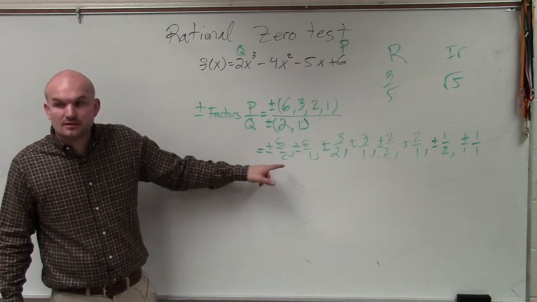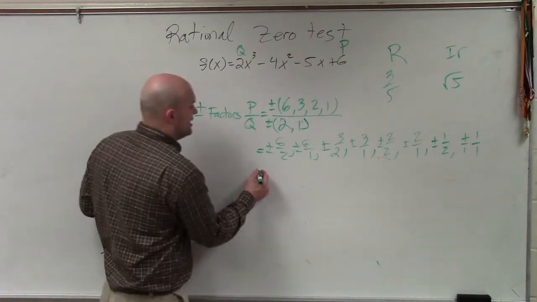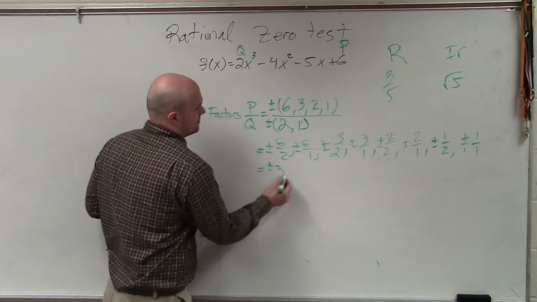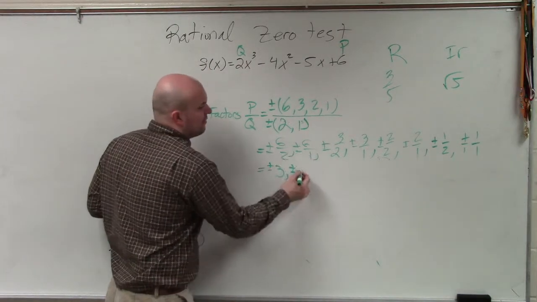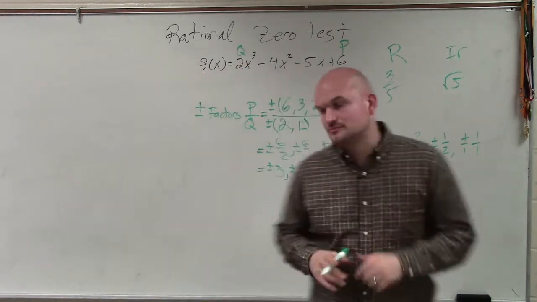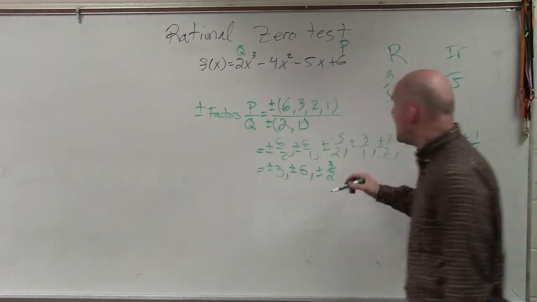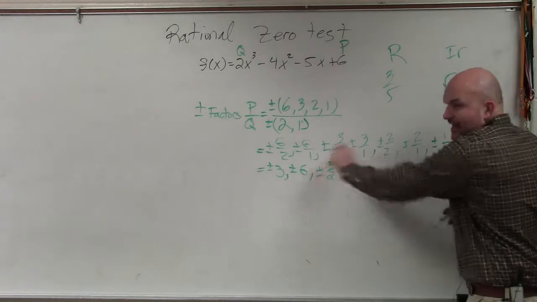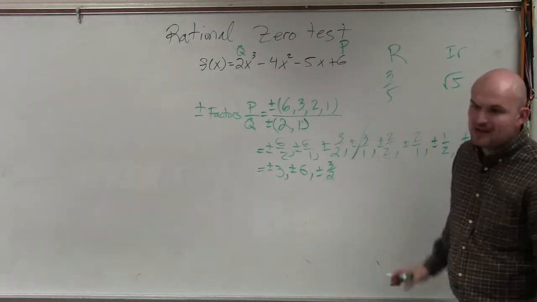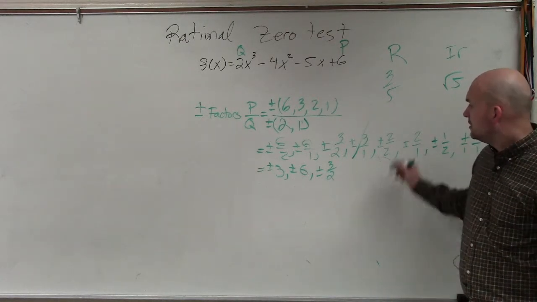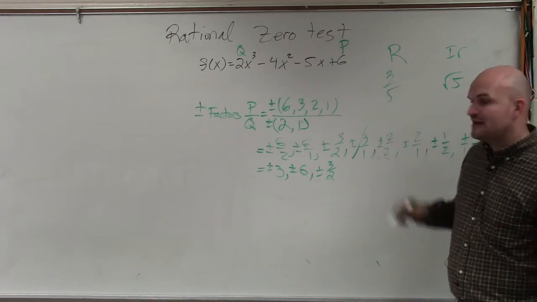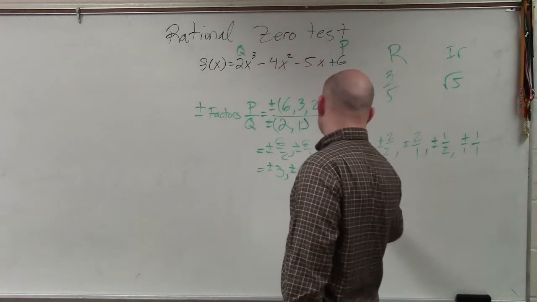6 divided by 2 equals 3. 6 divided by 1 gives you 6, comma, plus or minus 3/2. Now, plus or minus 3, we already have 3, so therefore I'm not going to write it out. Over here, plus or minus 2 divided by 2 is going to give you 1.